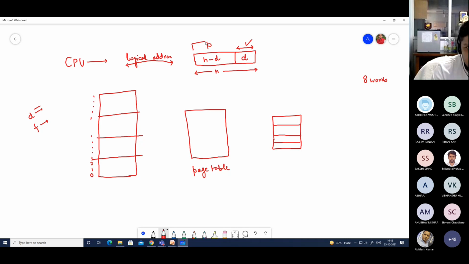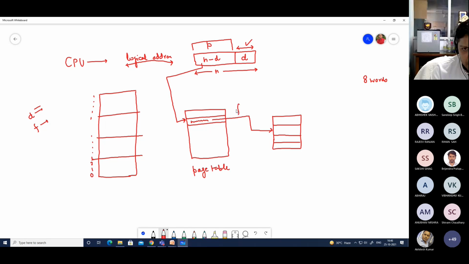The remaining bits will work as an index into this page table. You go to that particular entry, and in this entry the frame number would be found.